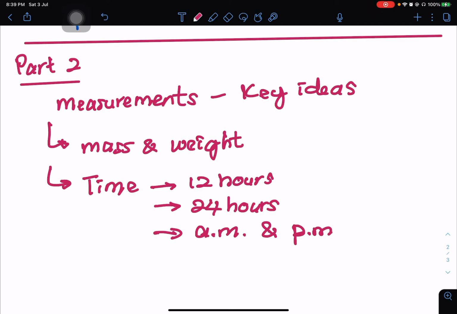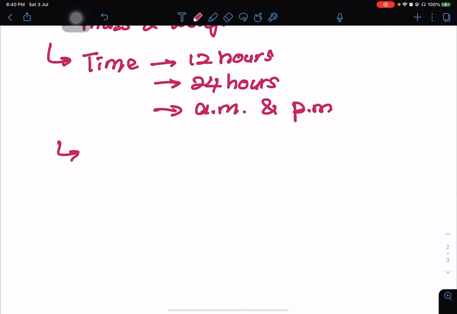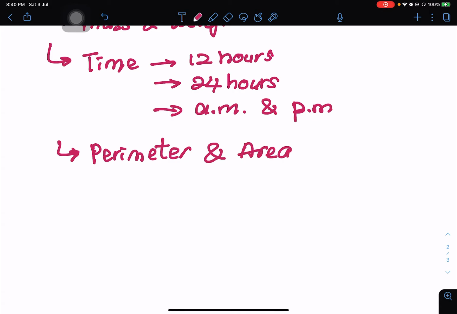For measurement, we also looked at perimeter and area, how to calculate perimeter and area of different shapes.